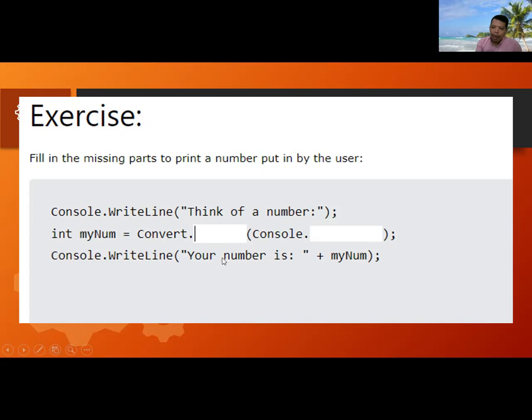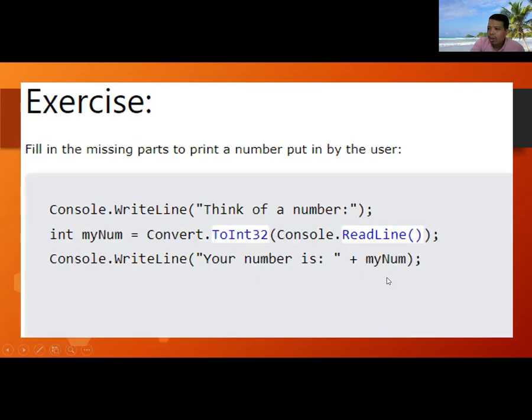It will display the number you think of. For example, if you think of 32, "Your number is 32". So this is the corrected statement to print a number put in by the user.